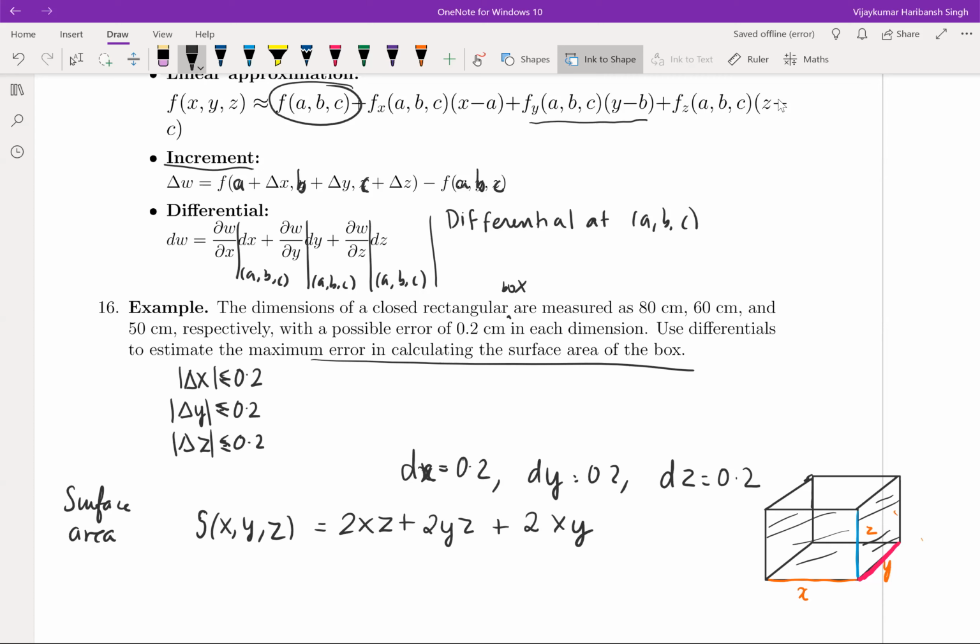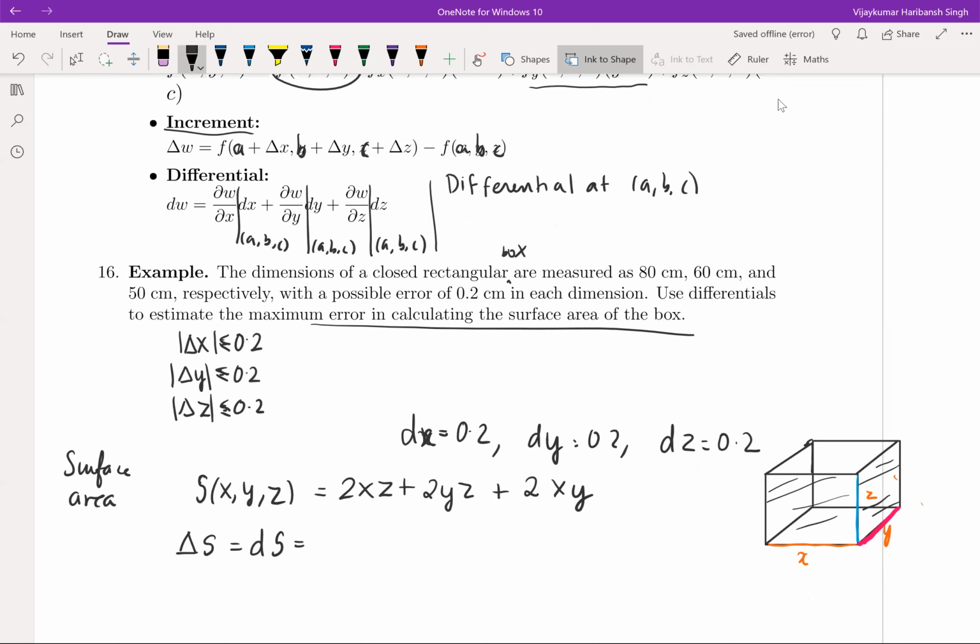So now, what is the maximum error possible? The maximum error possible is delta S, which is approximated by dS. We are evaluating this at x equals 80, y equals 60, z equals 50, so a, b, c.